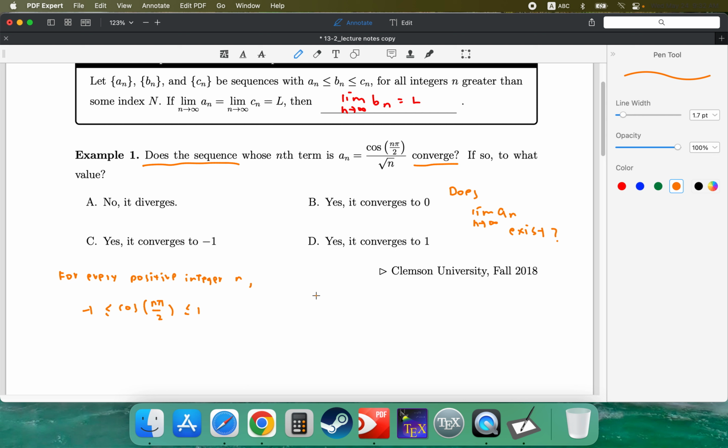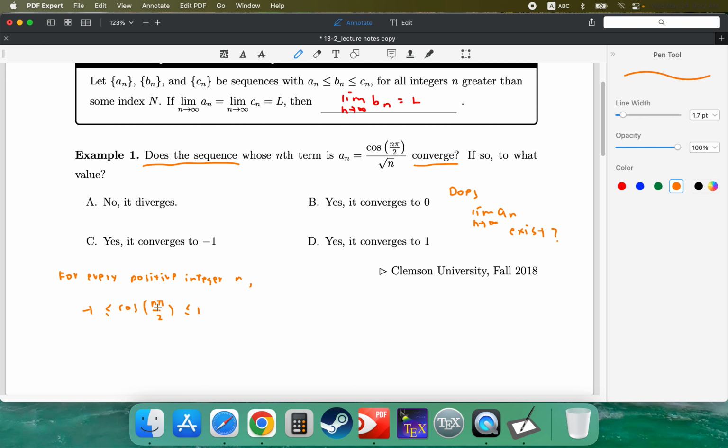Remember the graph of cosine looks like this. You can see that the maximum value of cosine will be 1, and the minimum value of cosine will be -1. So the values of cosine change between 1 and -1. So we do have this relation.